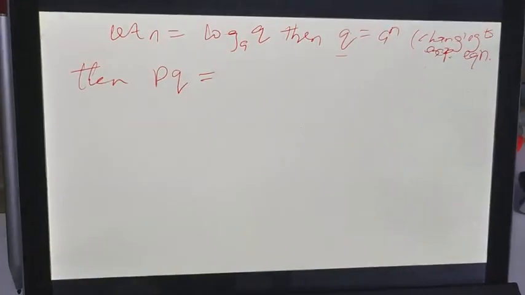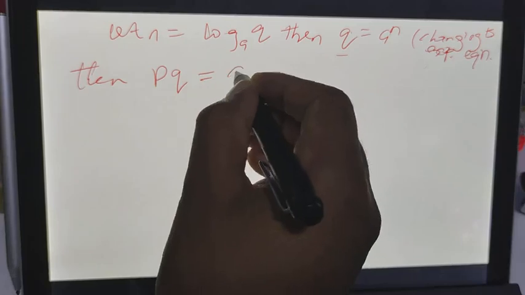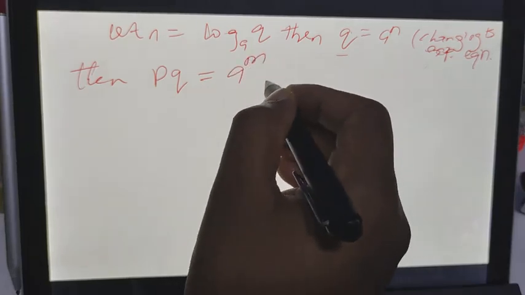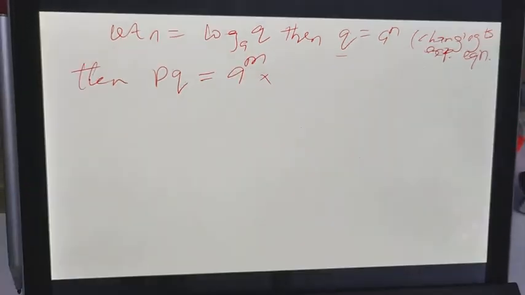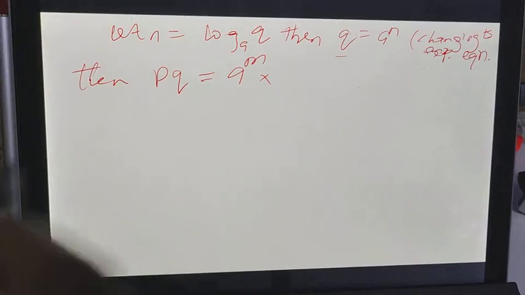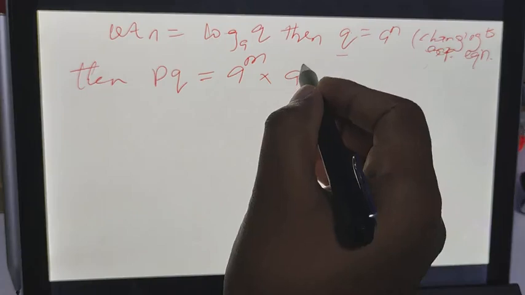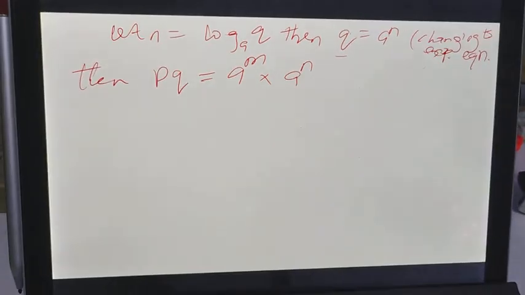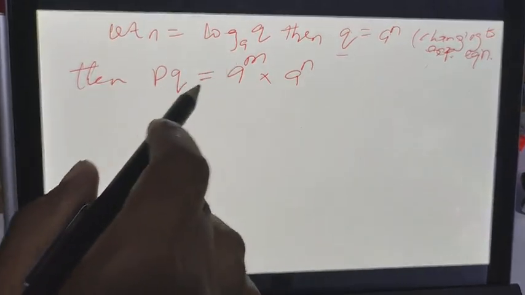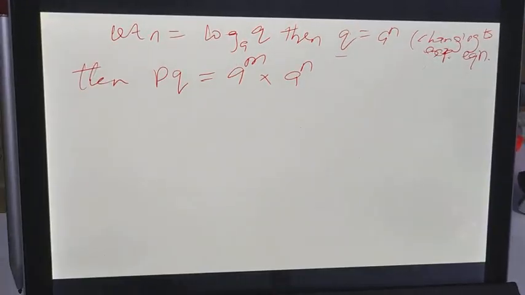So if we substitute, it will be a to the power m multiplied by a to the power n, if you substitute the values we found for p and q.